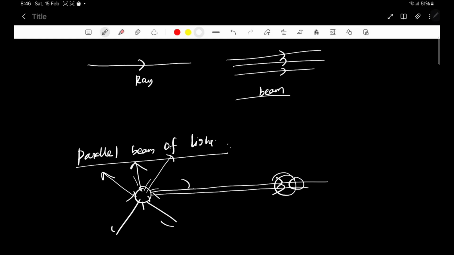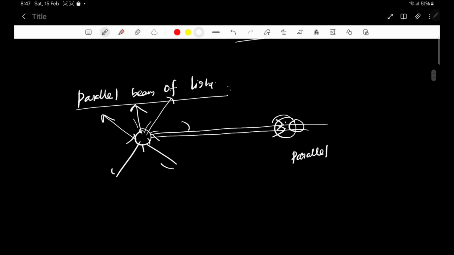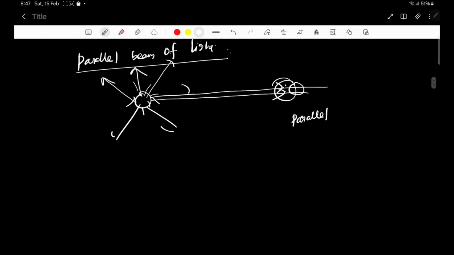So if rays of light are parallel to each other, that bundle is called a parallel beam of light, because these rays are parallel to each other locally at least.